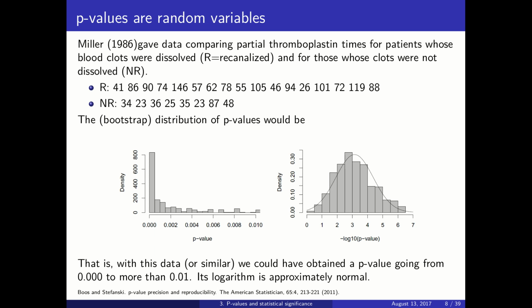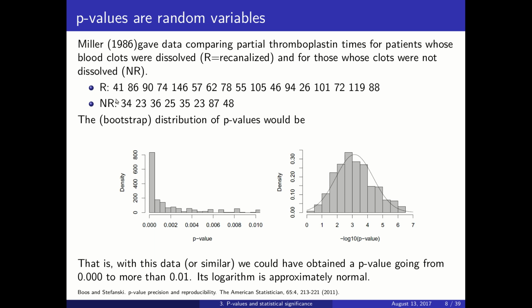Something we normally don't realize is that the p-value in itself is a random variable, and we can compute its distribution. So let's say that we have a number of observations of the partial thromboplastin time, for two groups of patients: one in which there were blood clots that were dissolved, and another group of patients where there were blood clots that were not dissolved.